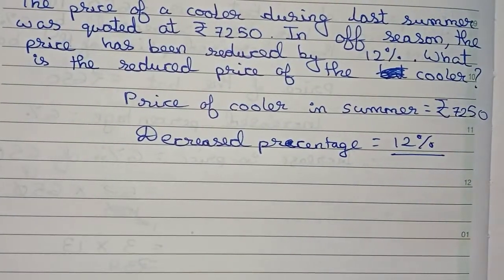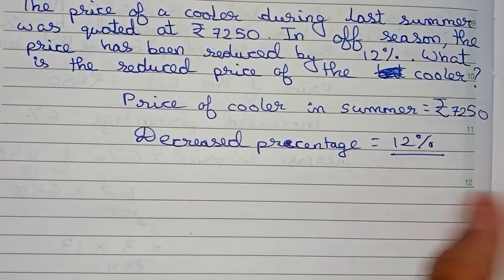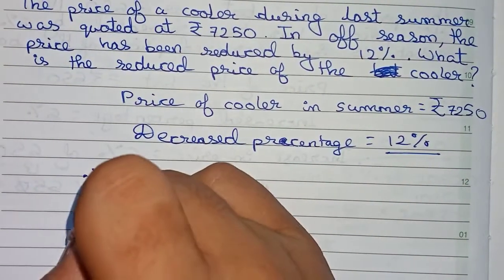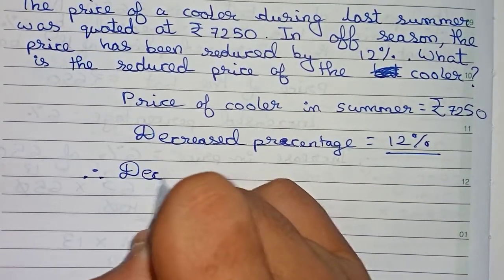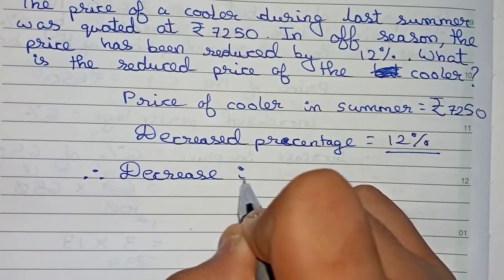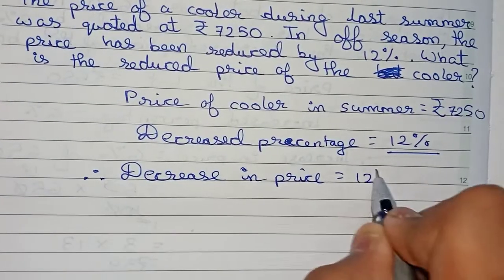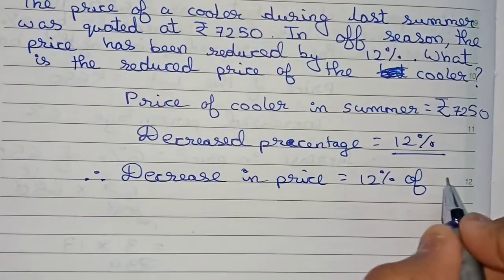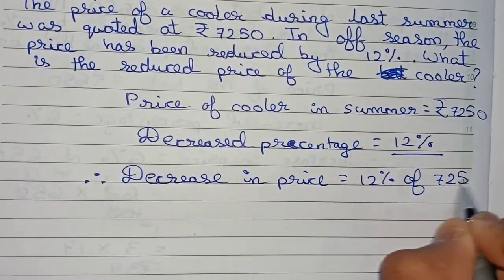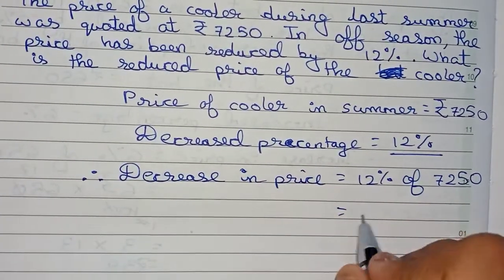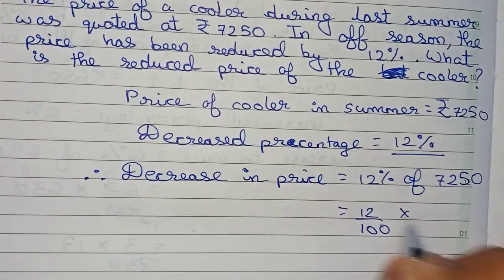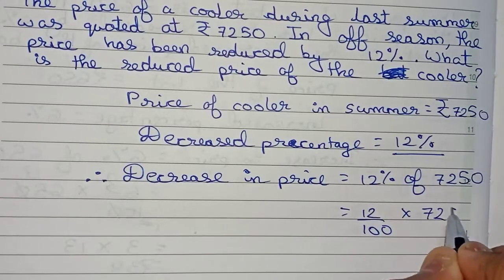Now we will find out the decrease in price, that means how much price is decreased. Therefore, the decrease in price will be 12% of the original price, that is 7,250. So 12% you can write as 12 by 100 into 7,250.